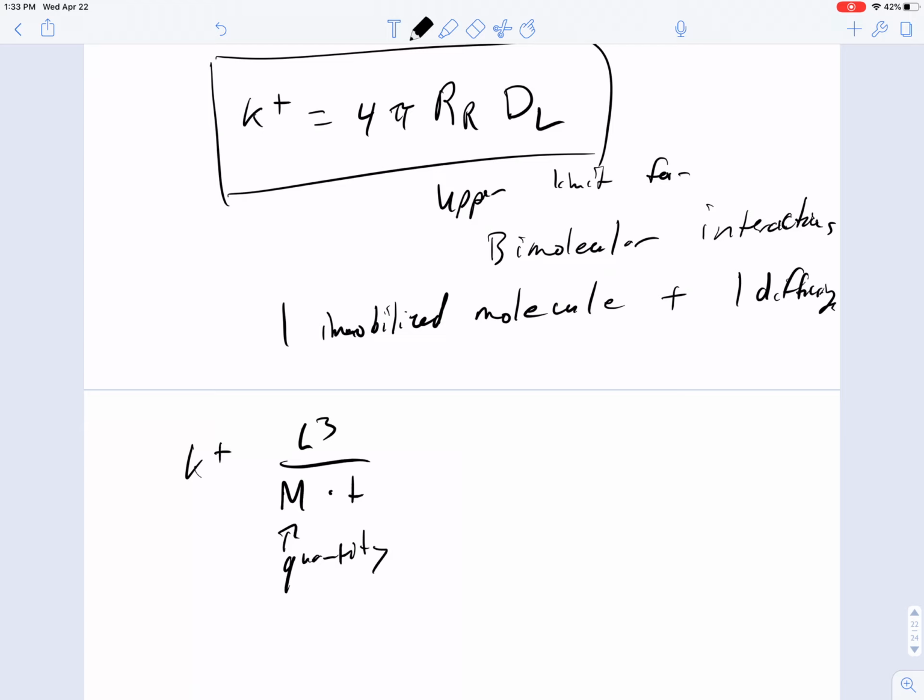So let's see, what else can we talk about with this model, with this equation?